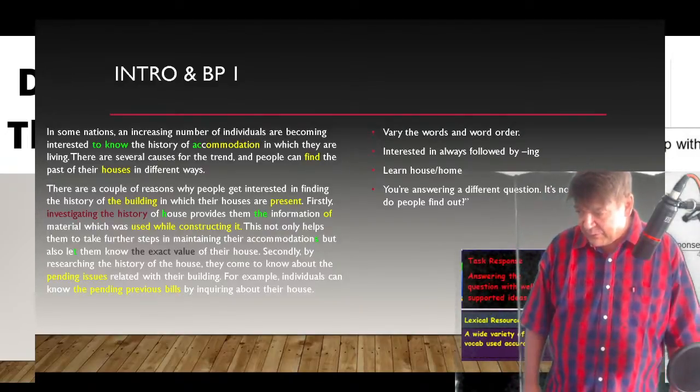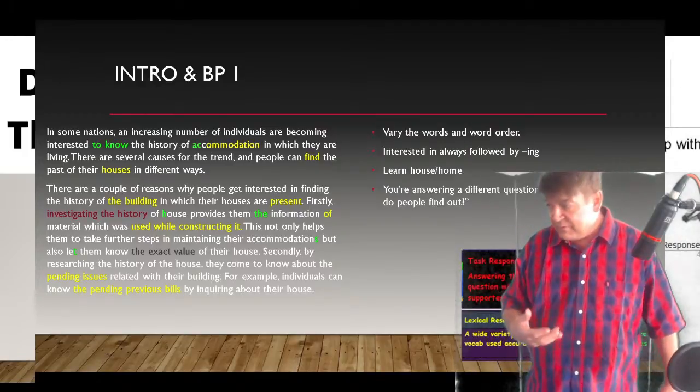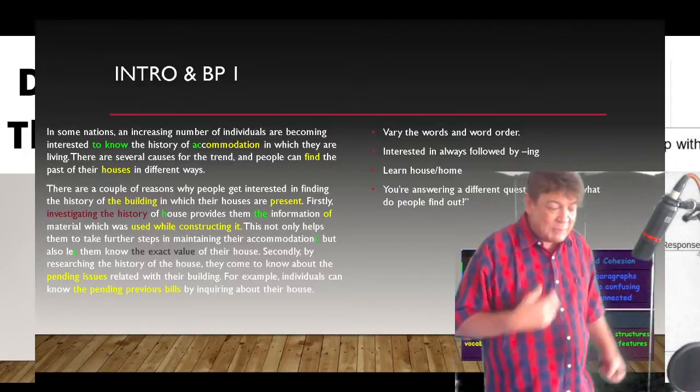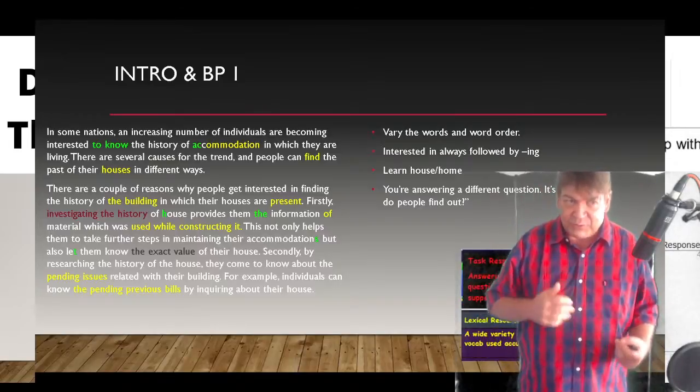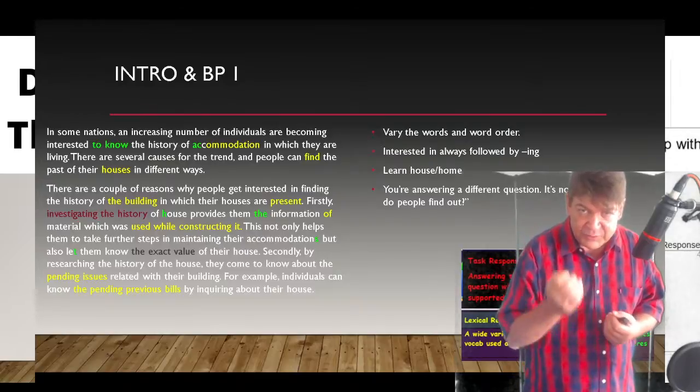Okay, so, I mean, it doesn't matter if your ideas are not good. I mean, you can be wrong, and that's okay. You still do well in the IELTS if you do what they're asking you to do.